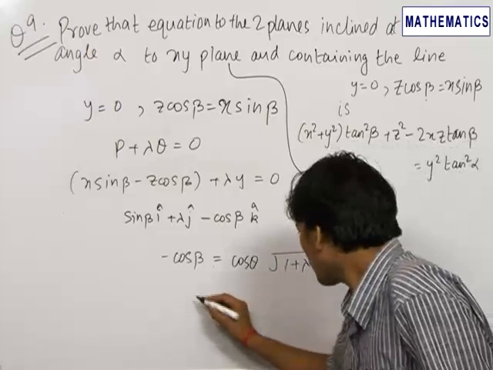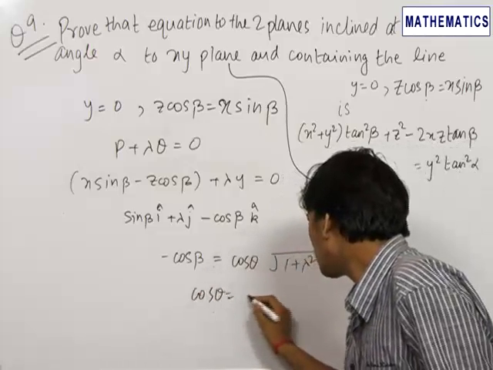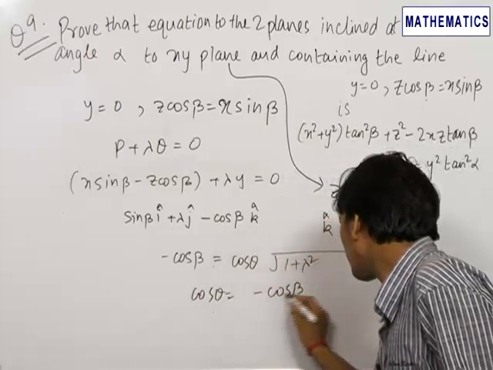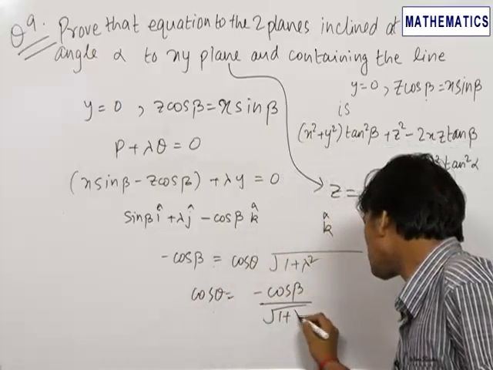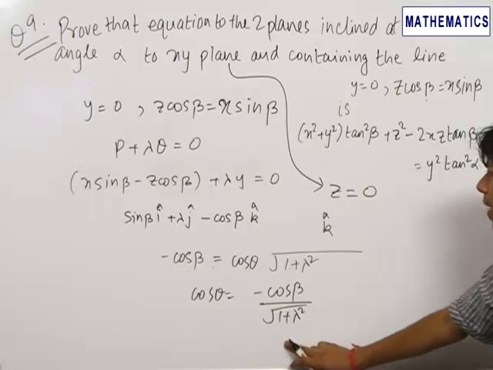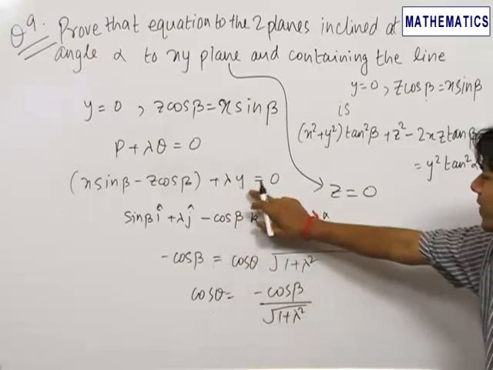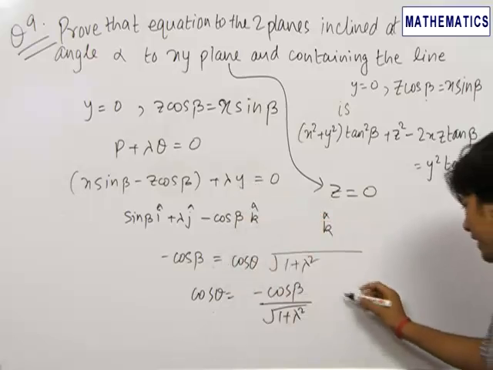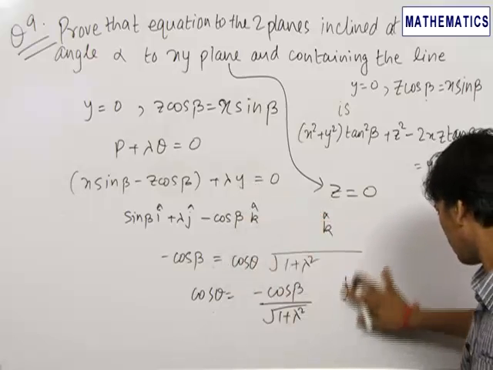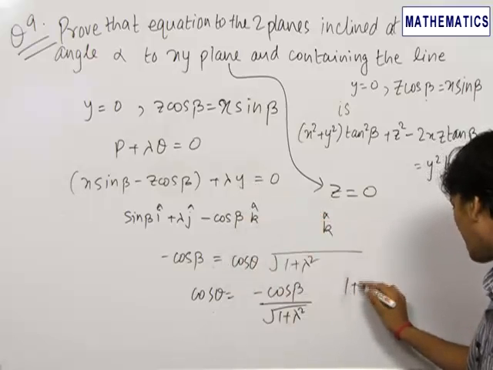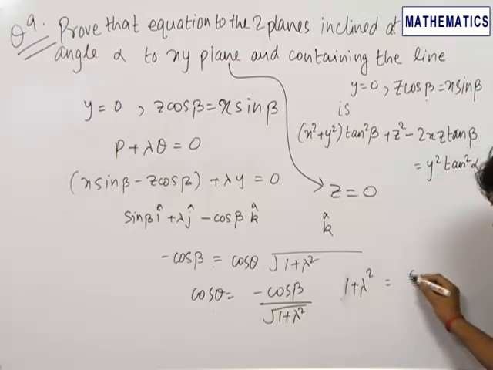So now we get cos theta is equal to minus cos beta upon root over 1 plus lambda square. We need to find the values of lambda to get the planes we require. Now from here we get 1 plus lambda square to be equal to cos square beta upon cos square theta.